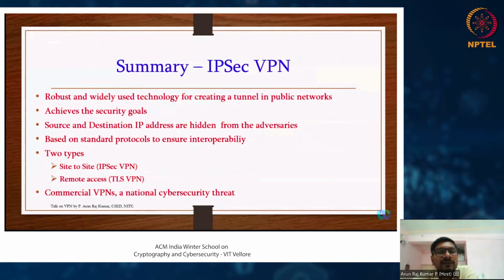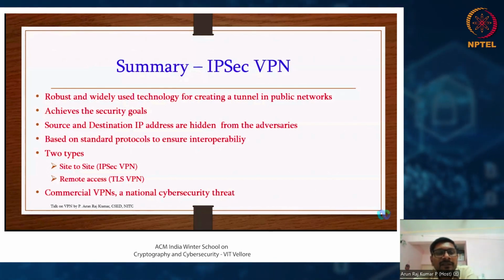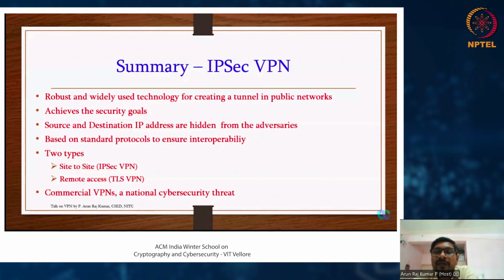So summarizing, IPsec VPN is a robust and widely used technology for creating a tunnel in public networks. It achieves the security goals like confidentiality, integrity, and authentication, which is peer-to-peer as well as data origin. Source and destination IP addresses are hidden, which means we don't have the sender and receiver information.